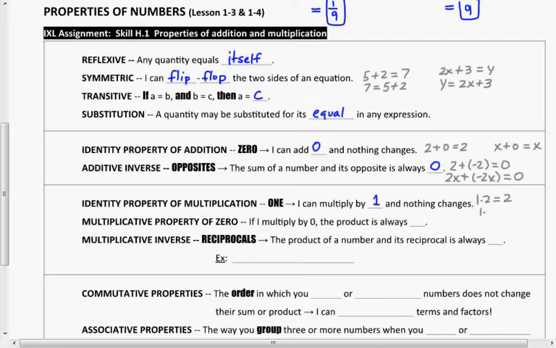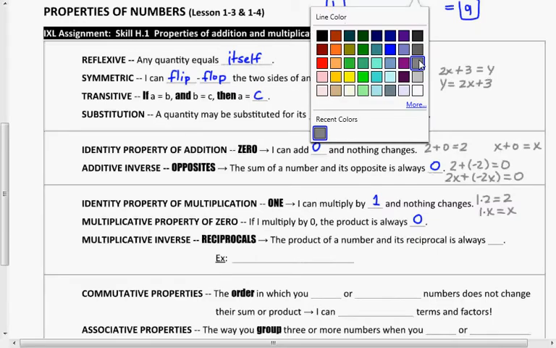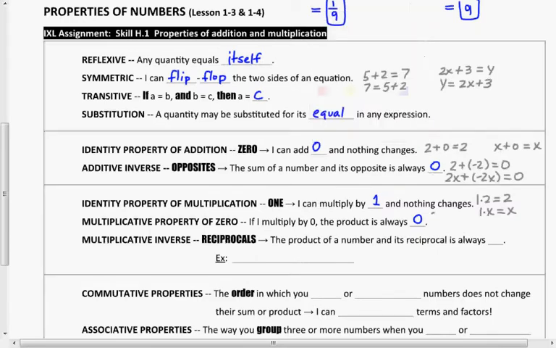If you have 1 times x, it's still x. All right, the zero property of multiplication says that if you multiply by 0, the product is always 0. You know that. 2 times 0 is 0. Same deal with x times 0 would be 0. Anything times 0 is 0.